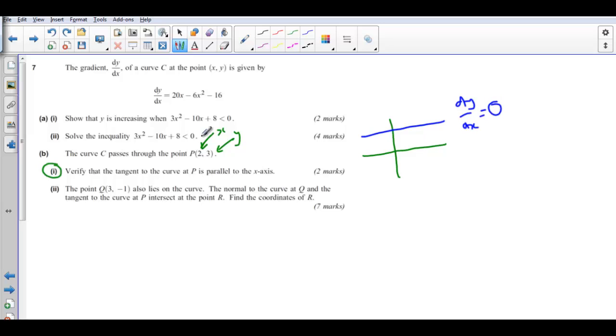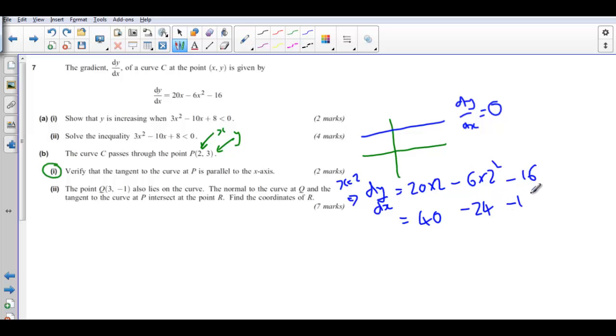When we put 2 into it, x equals 2 implies that dy by dx is equal to 20 times 2 take away 6 times 2 squared take away 16. What does that give us? That's 40 take away, mind your BIDMAS, 4 times 6, which is 24, take away 16. 40 take away 24 take away 16 does in fact make 0.